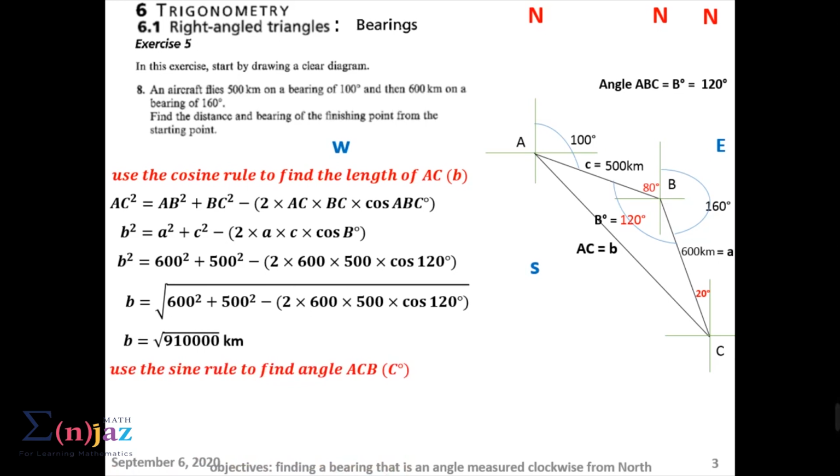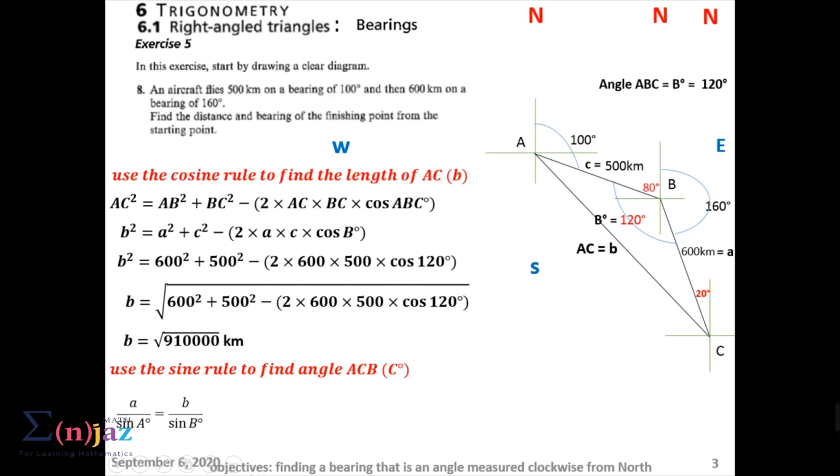Now, let's use the sine rule to find angle BAC, which is angle capital A. As you can see here, a over sine A capital is equal to b over sine B capital.